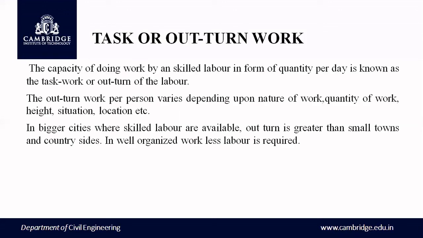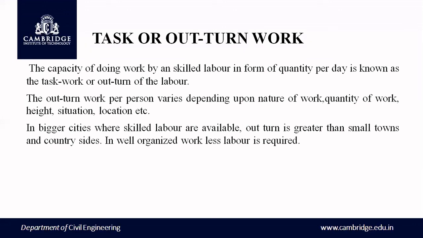The next important terminology is task or outturn work. What is task or outturn of a labor? It is the capacity of doing work by a skilled labor in the form of quantity per day. That is known as task work or outturn of the labor.